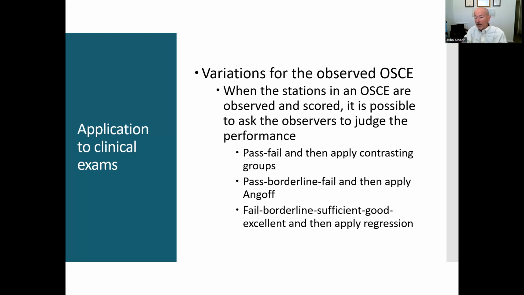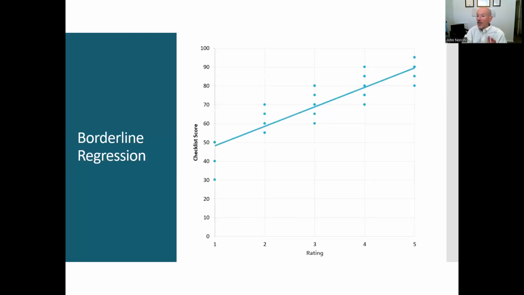Is it fail, borderline, sufficient, good, or excellent? At the end of each station, the examiner makes that judgment, and you can then use that with regression to turn it into a cutting score.